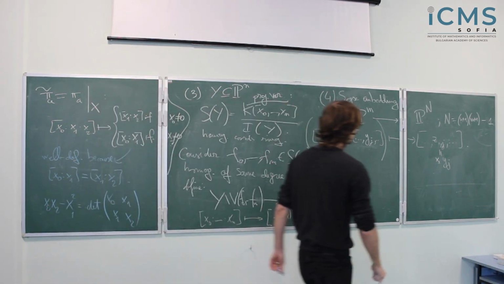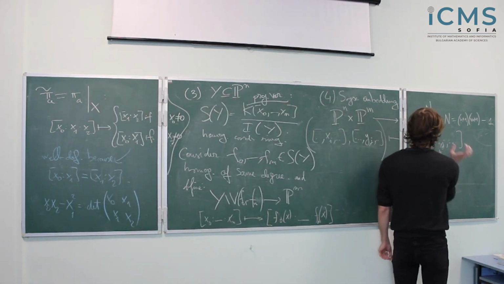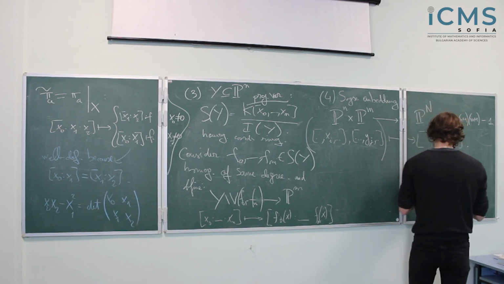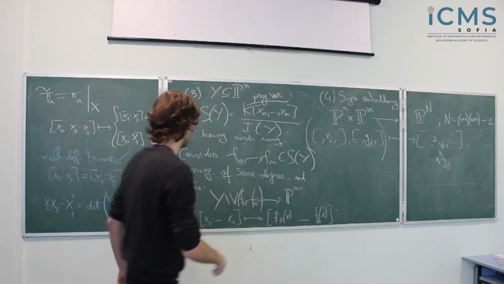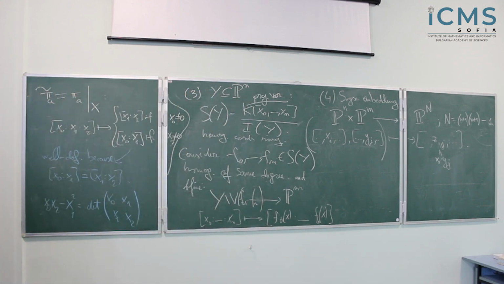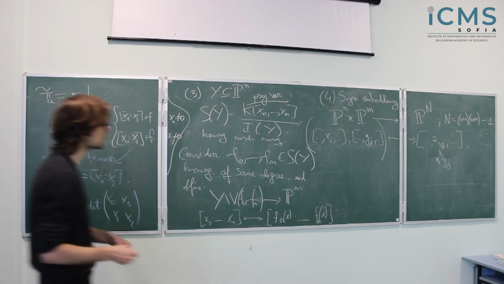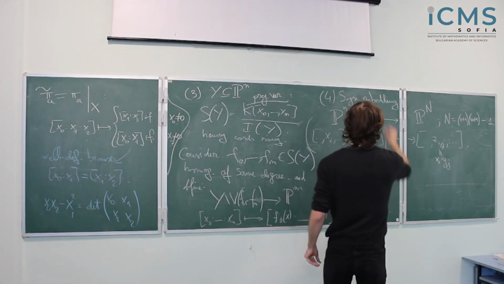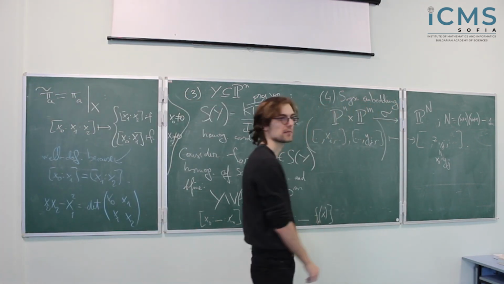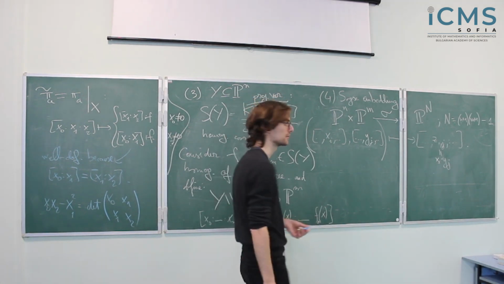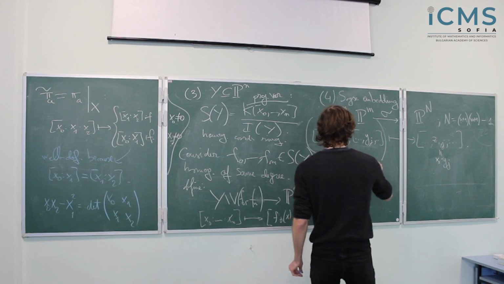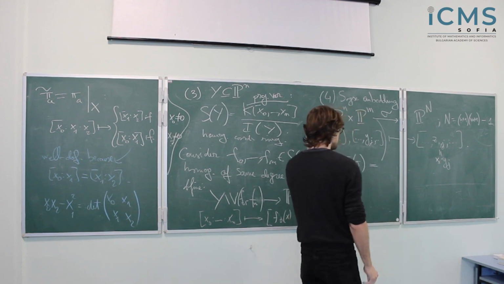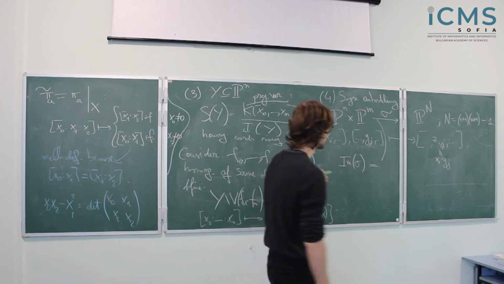The end object here is binomial, so you think this is well defined, and it is. Let's see. Okay. And let's say that I call this sigma. Sigma as in Segre. So the image of sigma will be a closed subset, it turns out.